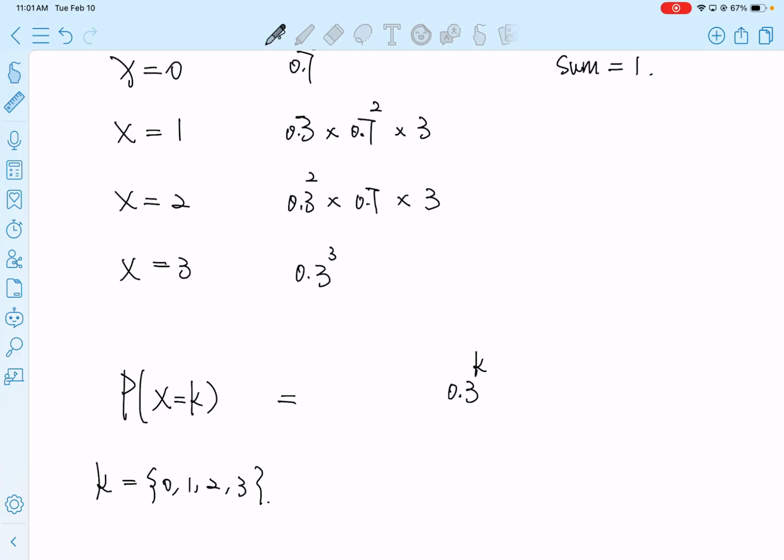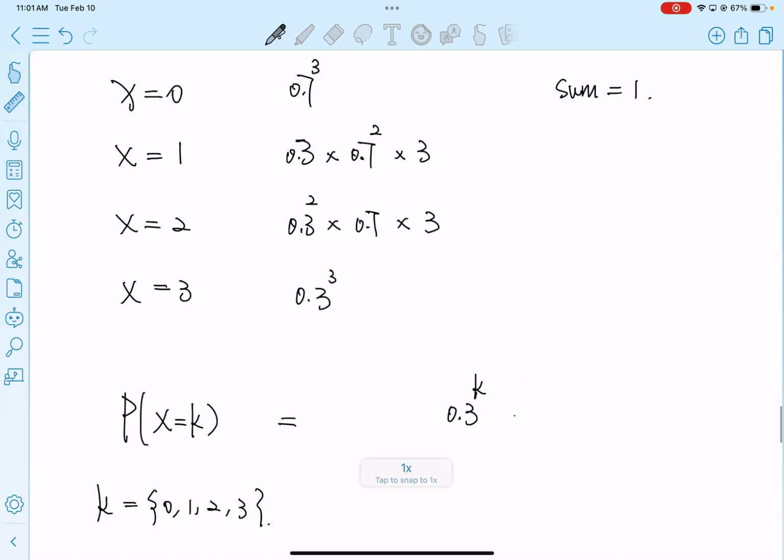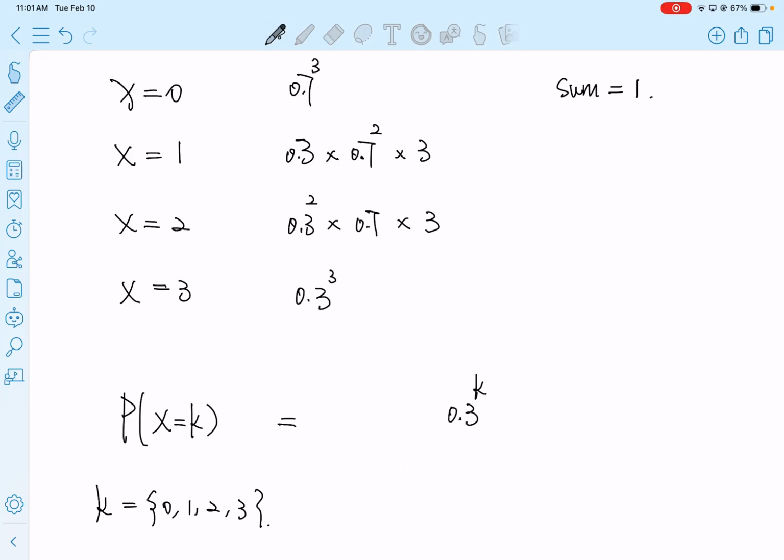And now, because we have 4 possible outcomes, let's define the total number of trials, the maximum outcome that you can get, which is all the way up to 3 for 3 coins.